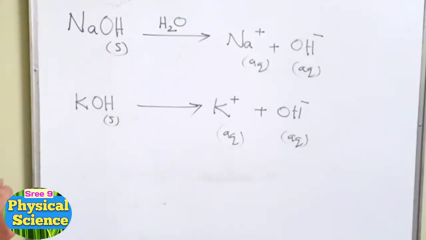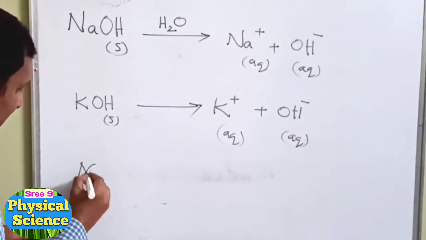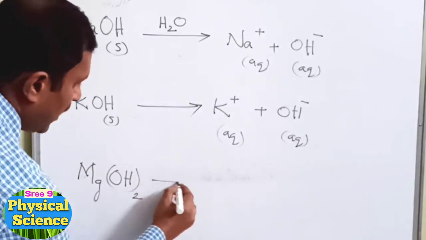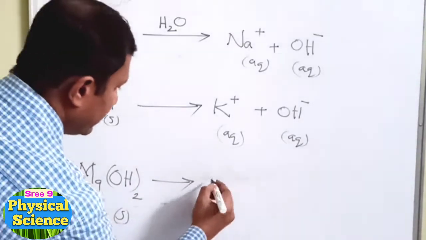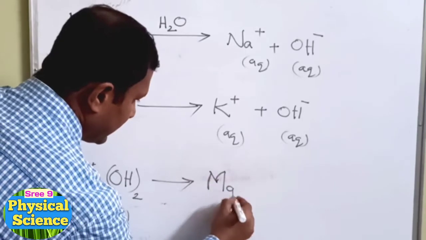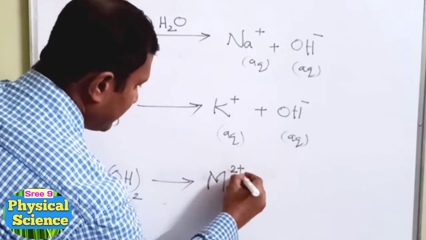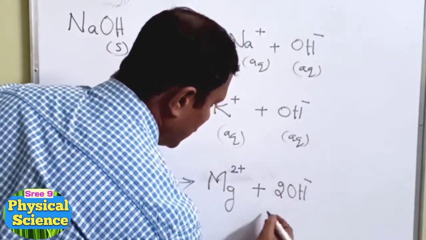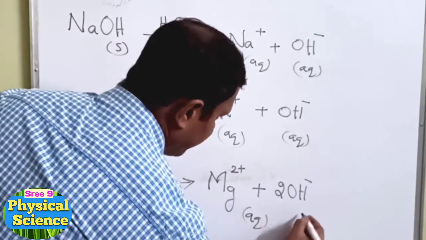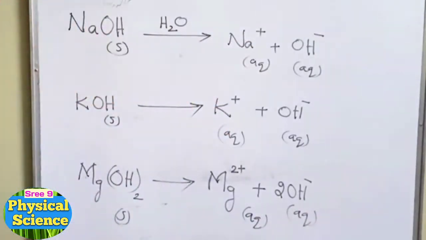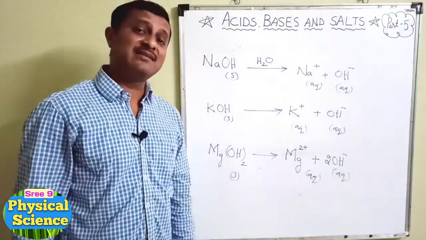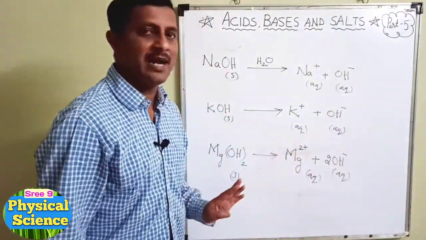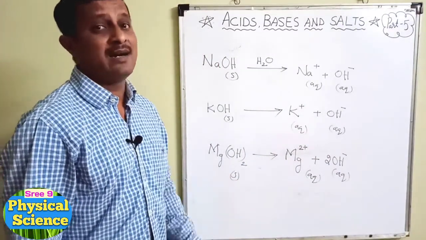Now let us see another base, magnesium hydroxide, which is also a solid. It turns to Mg2 plus and 2OH minus in aqueous solution. So we conclude that bases, when they dissolve in water, produce OH minus ions, hydroxyl or hydroxide ions.